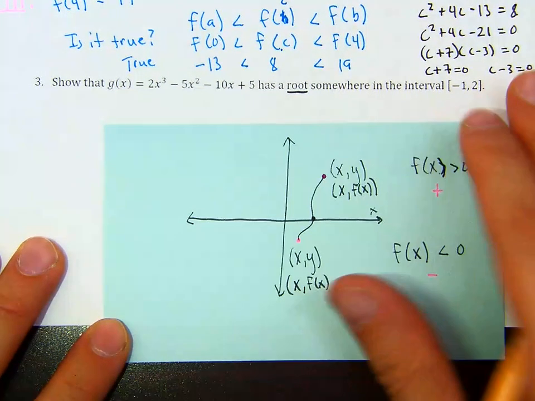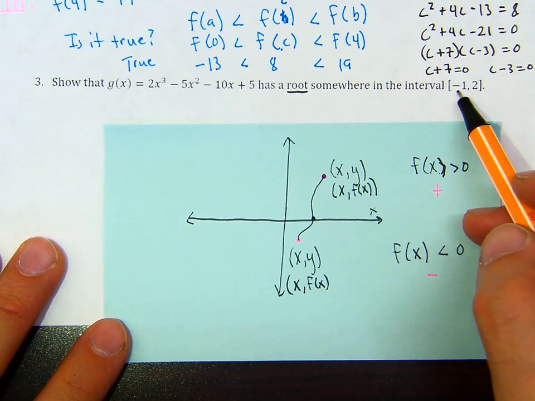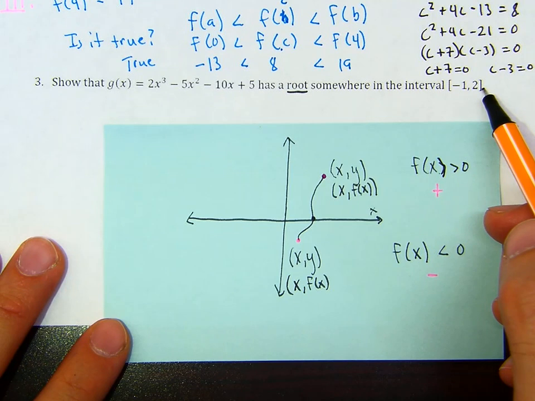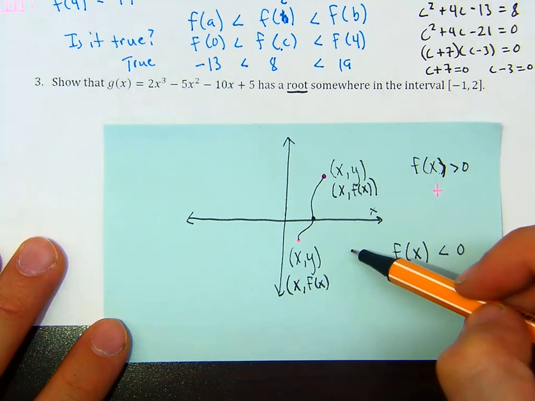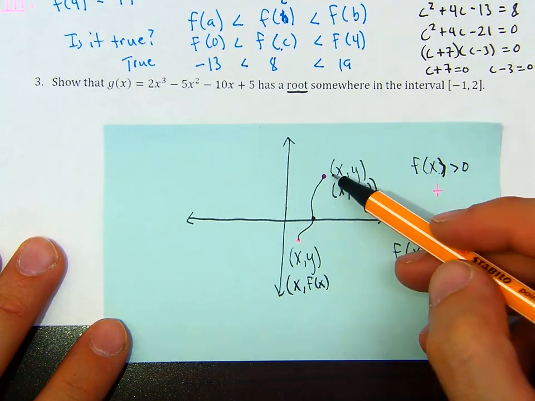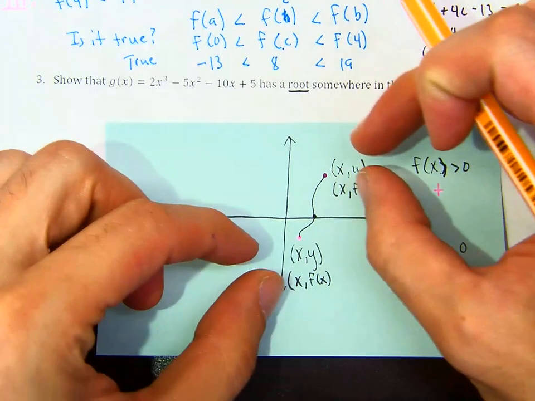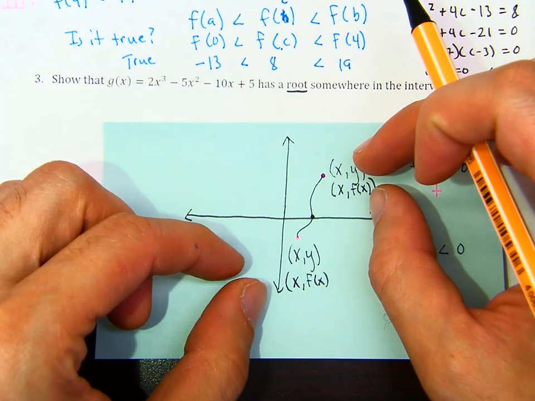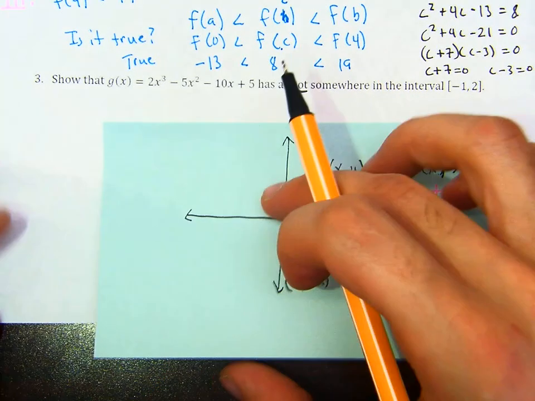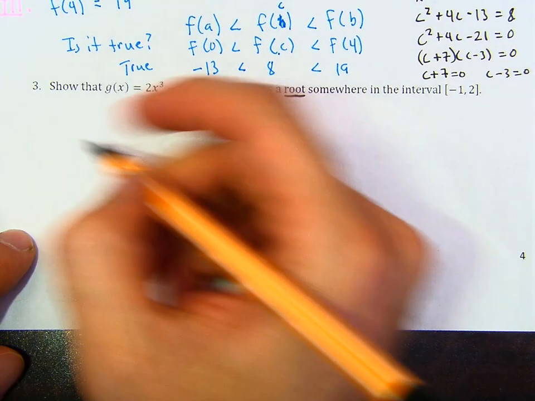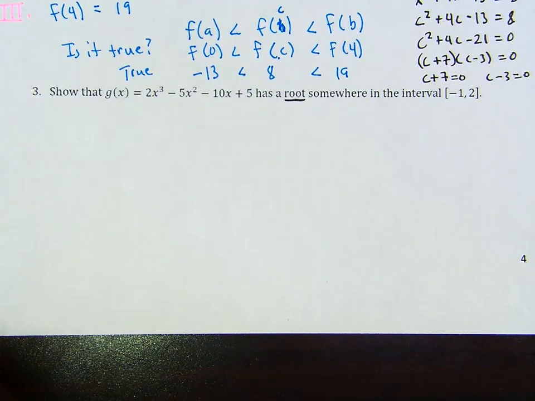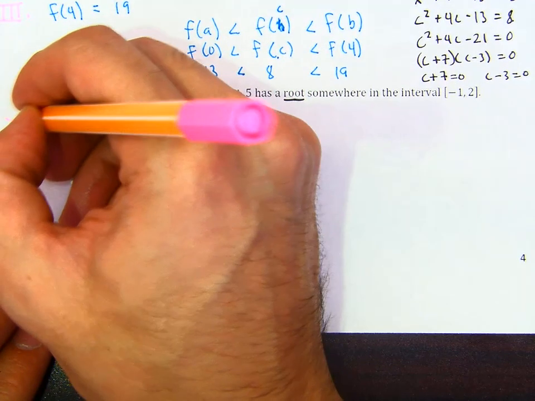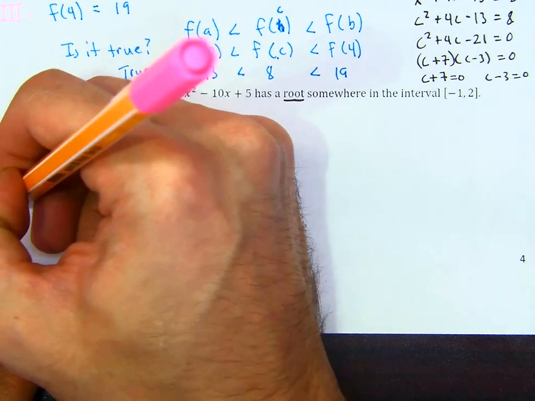So it's saying from negative 1 to 2, is there a point below the x-axis or above the x-axis? Are there 2 points that are above and below the x-axis, and is it continuous? Okay, so let's see if the intermediate value theorem works. Let's check condition 1, condition 2, condition 3.